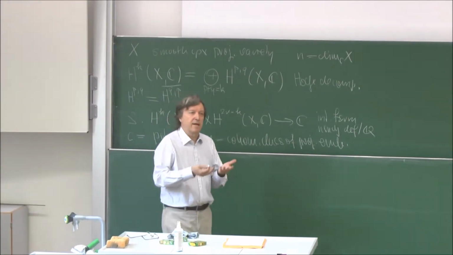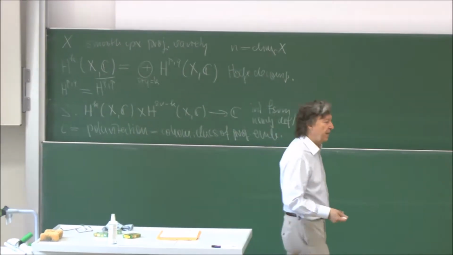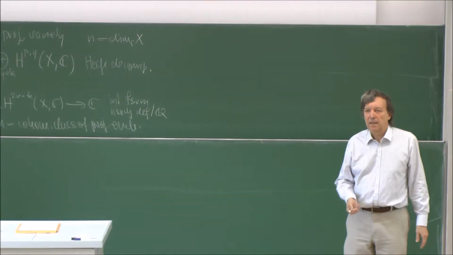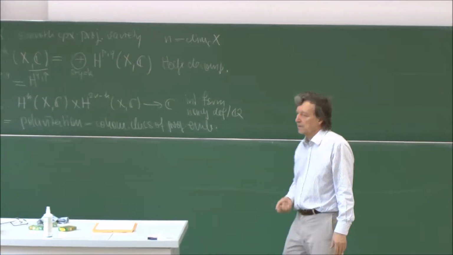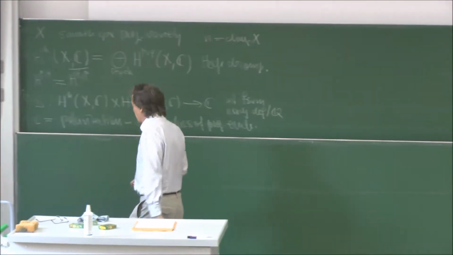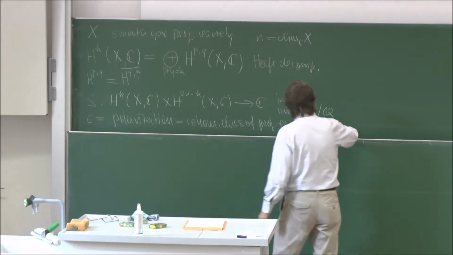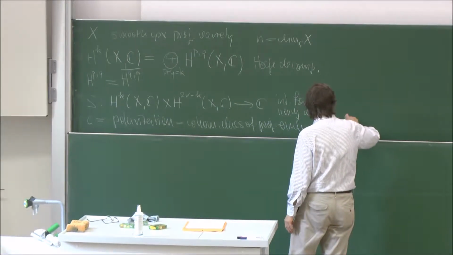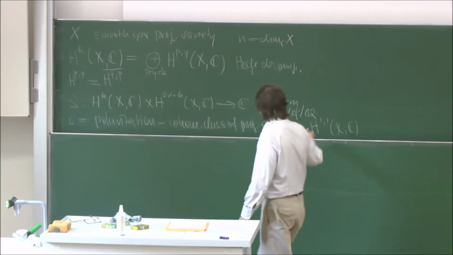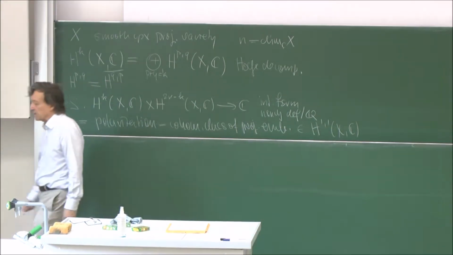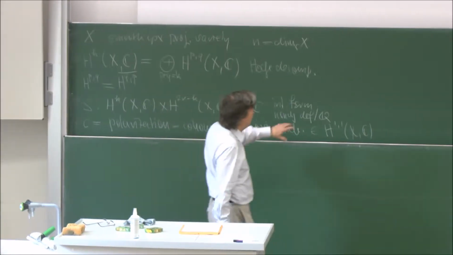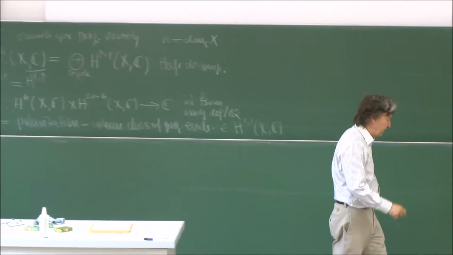So X sits inside a projective space, and then take a hyperplane in the projective space, a generic one, and that will intersect X in something of codimension 1, and then by Poincaré duality, what one gets is a cohomology class, which is of type (1,1), and when it's regarded just as a real cohomology class, it's also defined over Q.